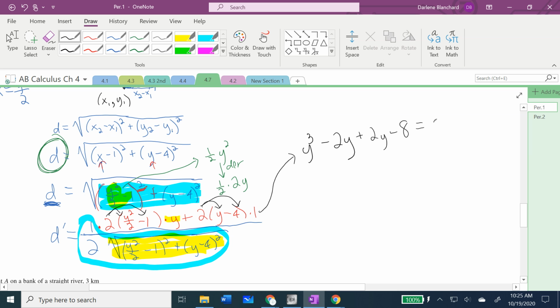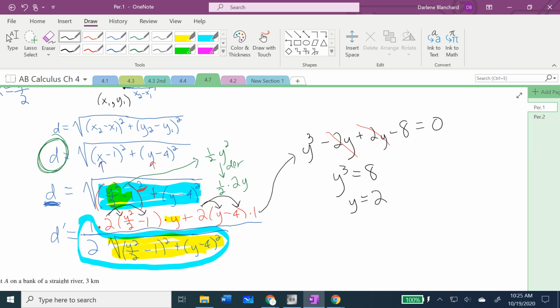And I want to know what makes it equal to 0. Aw, it's like the textbook made it happen super nice for us. So, what number makes y cubed equal 8? All right.